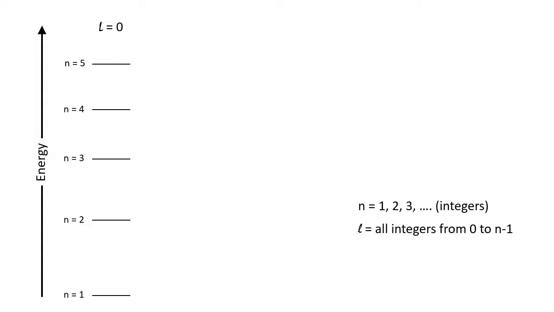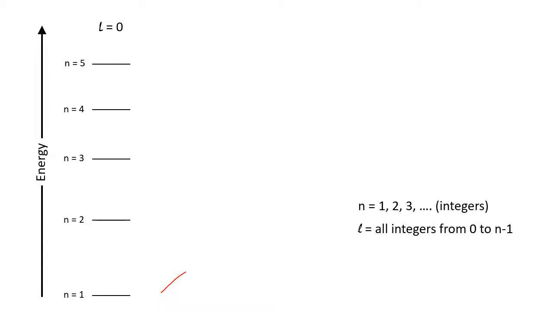We know the maximum value of l is n minus 1, and n minus 1 is obviously 0. So for the n equals 1 level, the only possible sublevel is l equals 0. Now let's go to n equals 2 and see what happens.